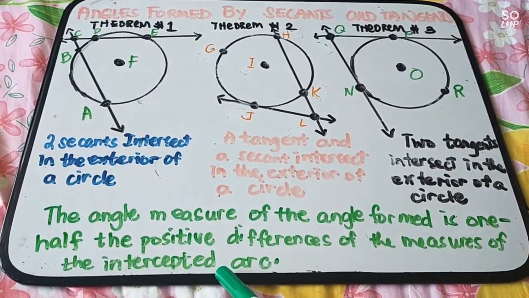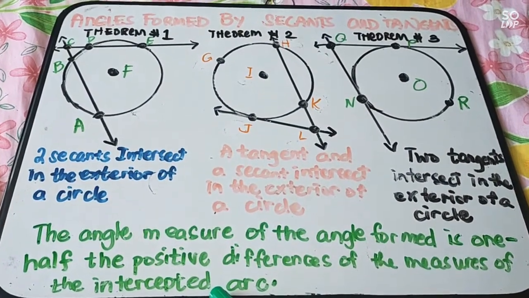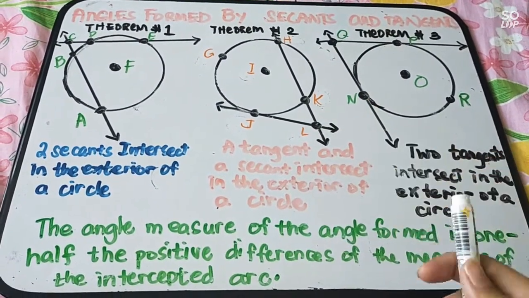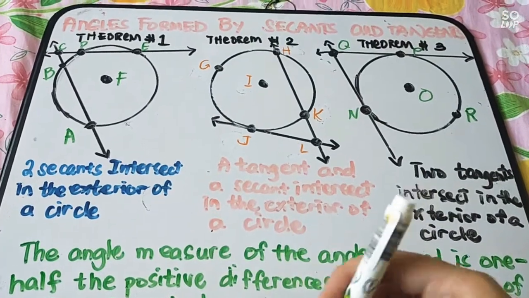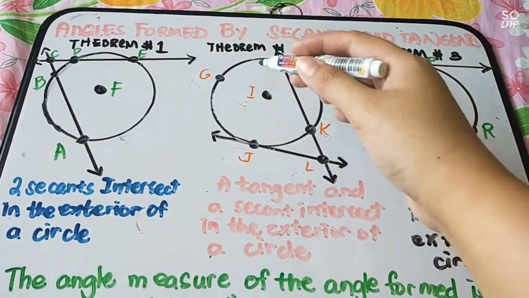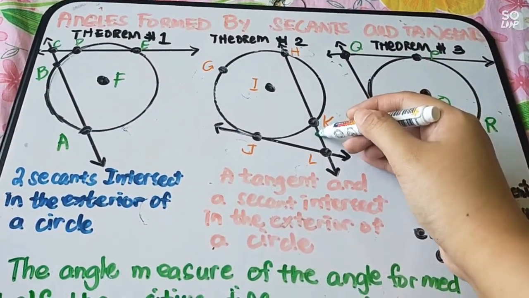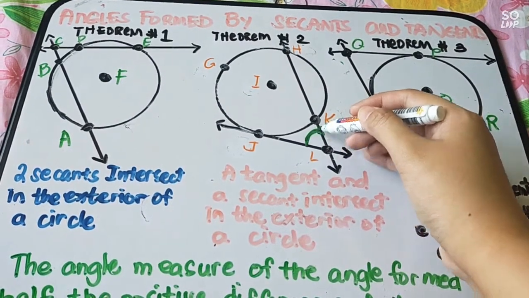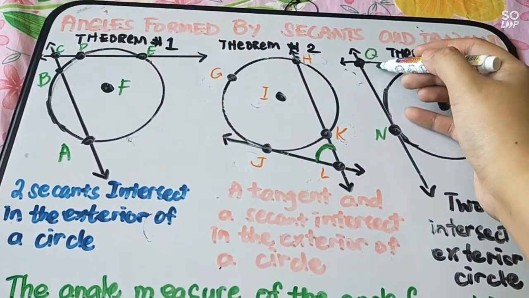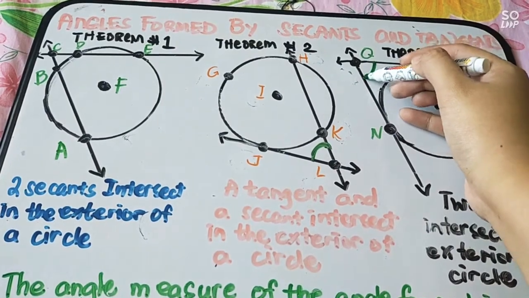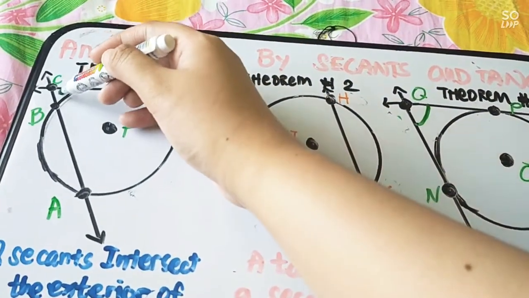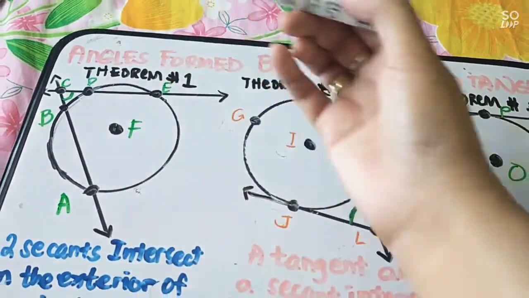Okay? So, what does that mean? We have here the angle formed by the two lines. For example, here is situation number 2, this is your angle formed. And situation number 3, this is the angle formed. And then, in situation number 1, this is the angle you formed.